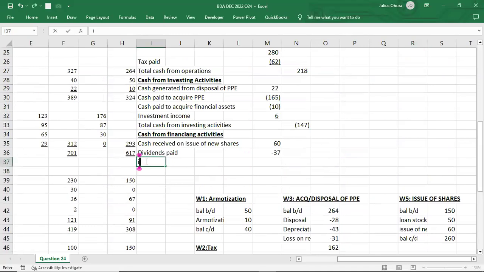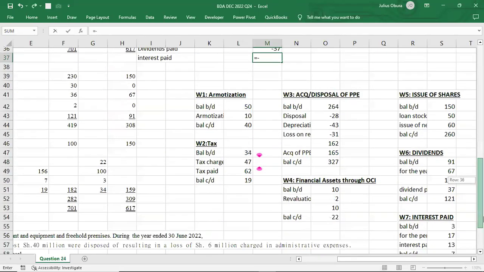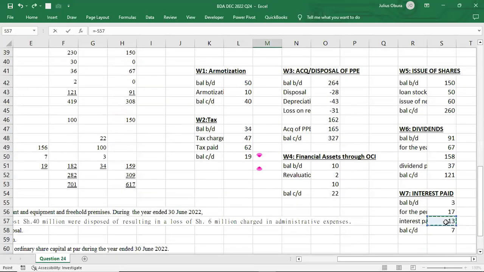So here we'll have interest paid, and it is paid, so it's a negative. It's going to be minus 13. Now this is what we said: if you classify it under operations or under financing, there's no problem.